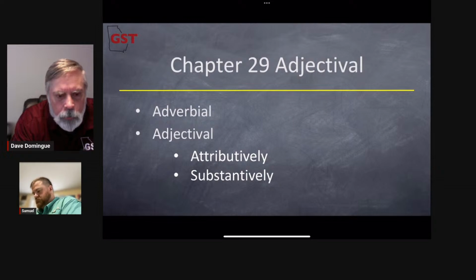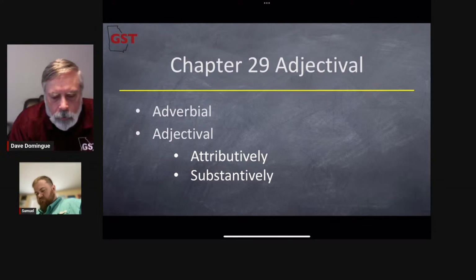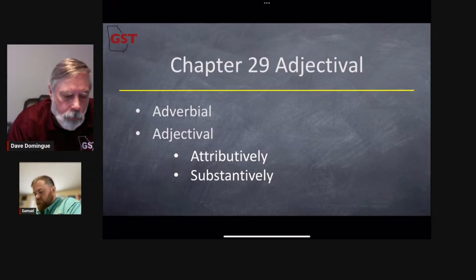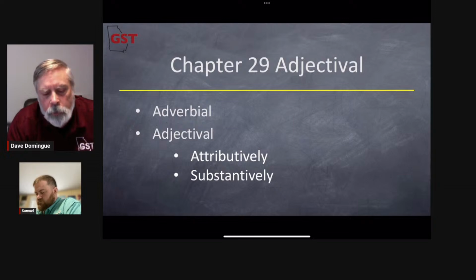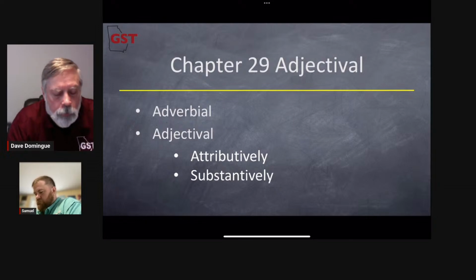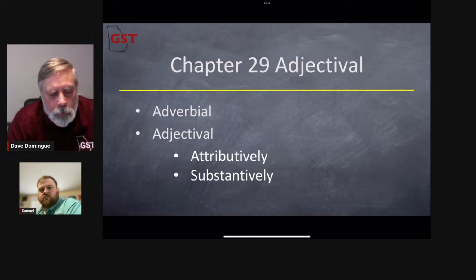And really, when we think about an adverb modifying a verb, we could see a participle doing the same thing. When we think about an adjective modifying a noun or pronoun, describing or limiting it, or standing in place of a noun or pronoun in a substantival way, then participles can function the same way.